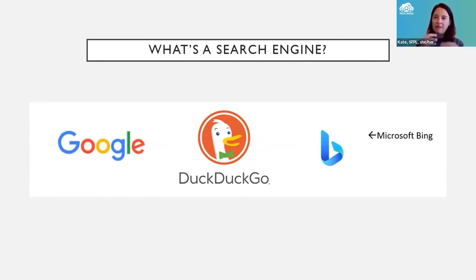And they collect information about what keywords are on those websites, what information is on those websites. They're essentially creating an index to the internet, to all of the different websites that people put on the internet. So that's what's behind each of these search engines.